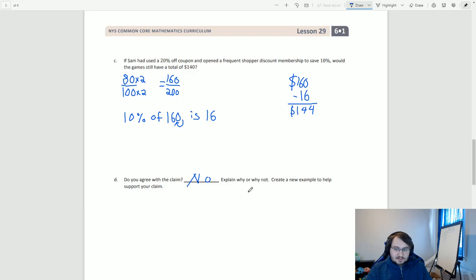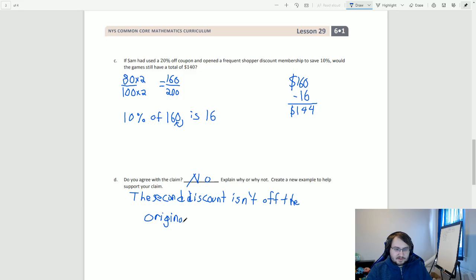Which means, if it's asking me why I do not agree, well, the second discount isn't off the original.